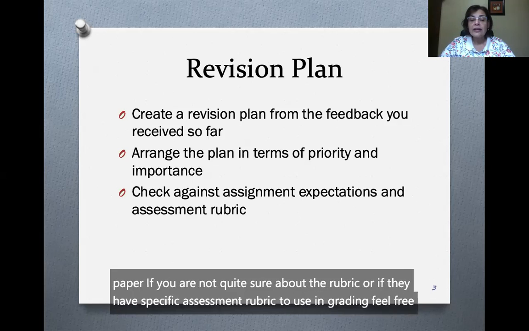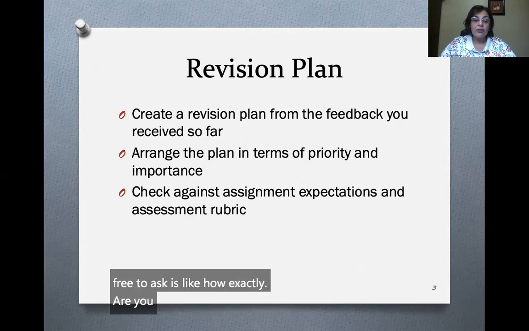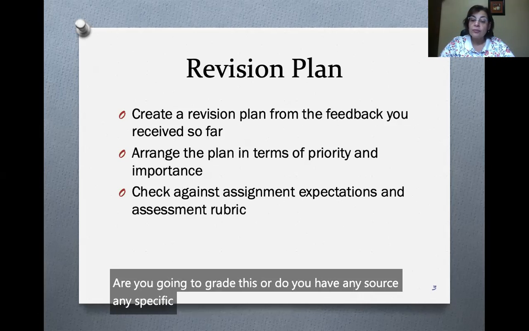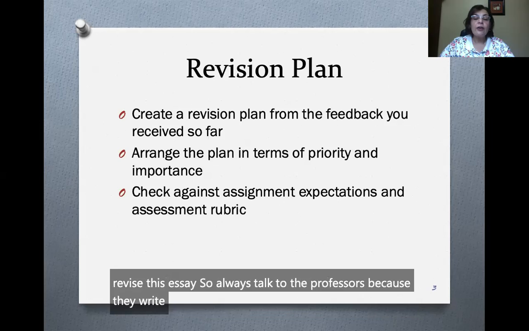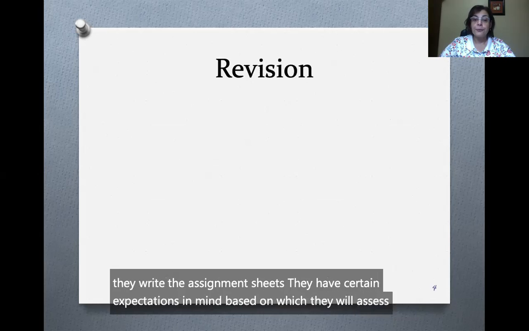How exactly are you going to grade this? Or do you have any specific suggestion that I should be following as I revise this essay? So always talk to the professors, because they write the assignment sheets, they have certain expectations in mind based on which they will assess and grade your paper.